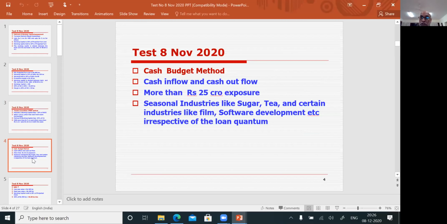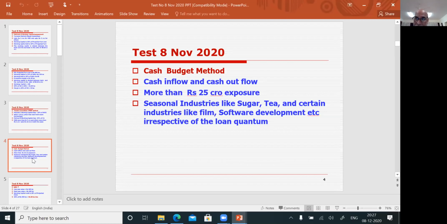Generally, for loans of more than 25 crores, we will use the cash budget method. So up to 5 crores, up to 2 crores, above 5 crores up to 25 crores, above 2 crores up to 25 crores, and then above 25 crores. If the loan requirement is above 25 crores, generally, based on the CMA data, we will do the cash budget method.